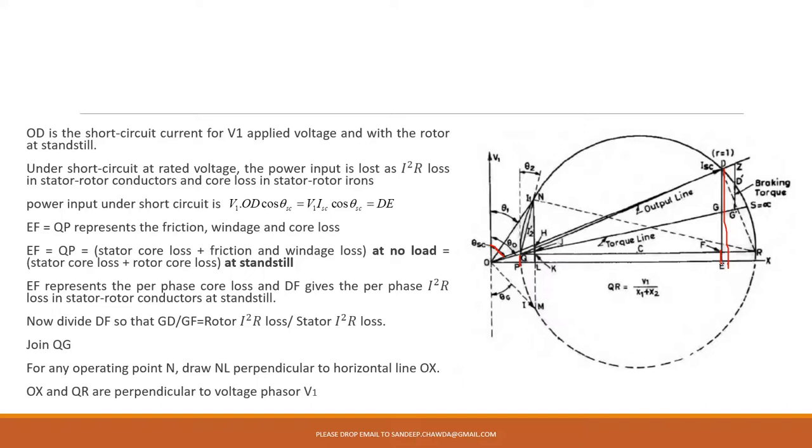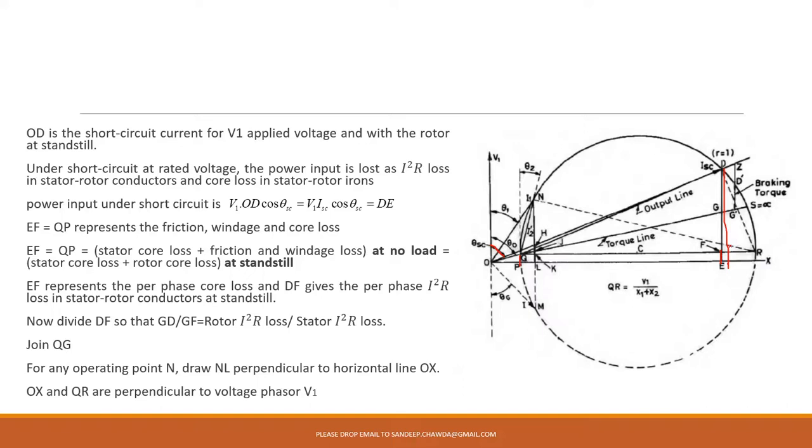Now what we will do, we are going to divide this DF in such a way that the ratio GD to GF gives the ratio of rotor I square R loss to stator I square R loss.